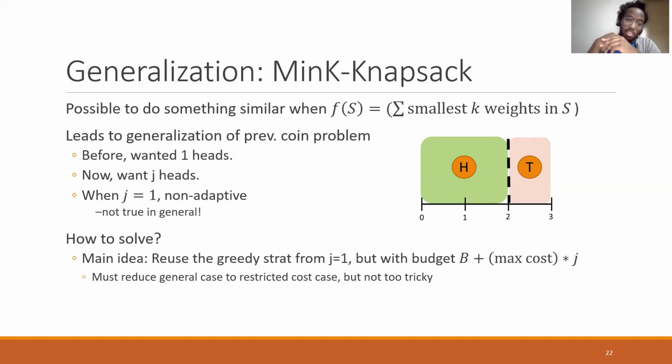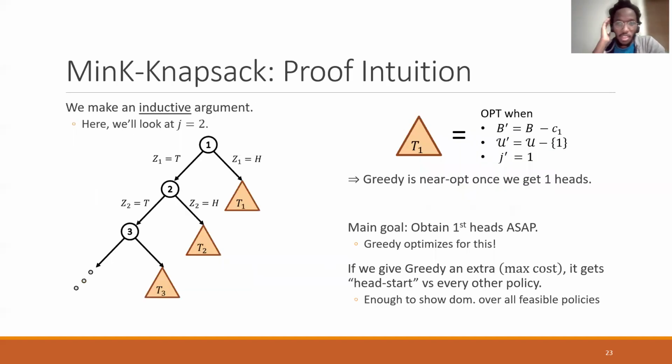Along with this main idea, you have to reduce the general case where items can cost any amount from 1 to b, to a case where the cost is restricted to being b over j. But that's not too tricky. With a simple binning technique, you can get that.